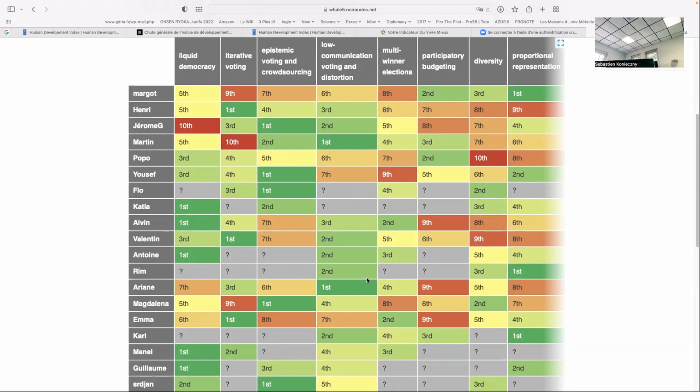There are a lot of people who ranked liquid democracy and low communication voting and distortion together at very, very high ranks, such as this voter, this voter, this voter, maybe this voter. So there is a kind of correlation between the two.